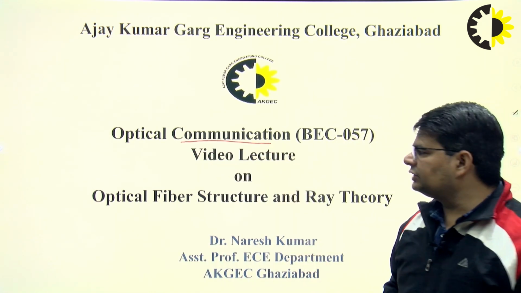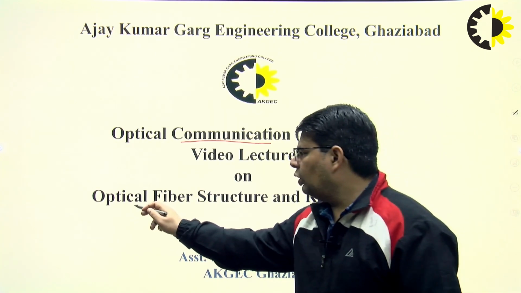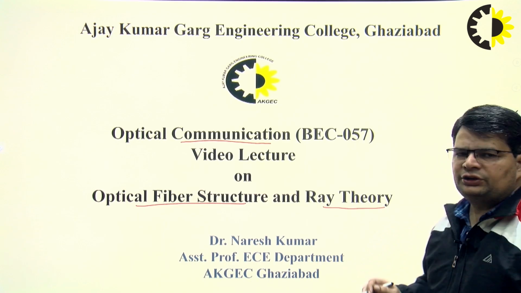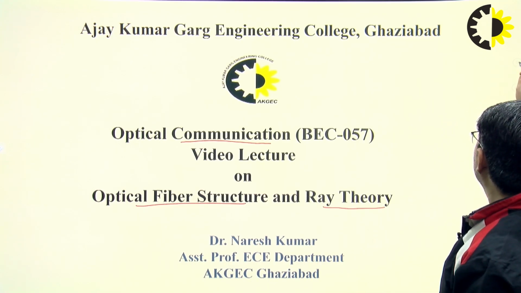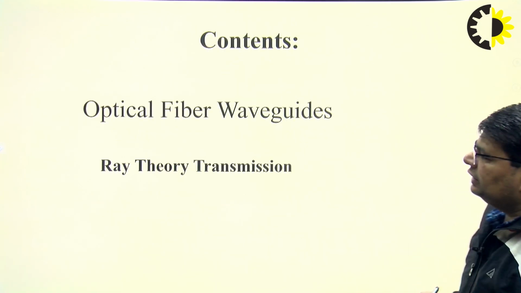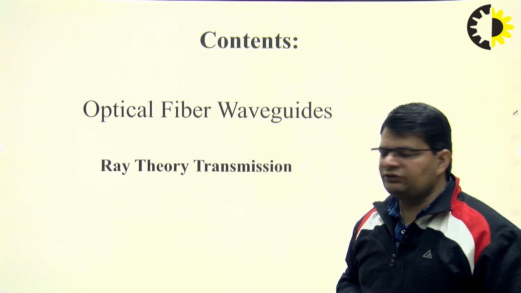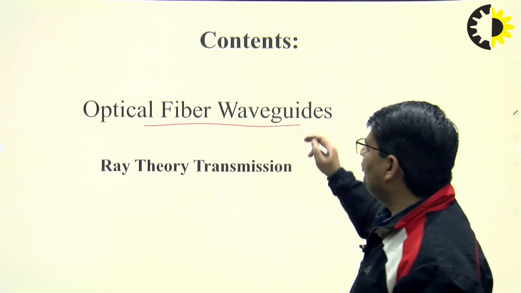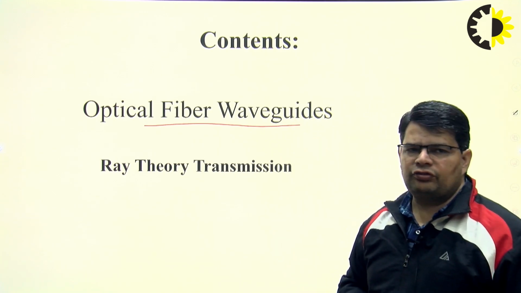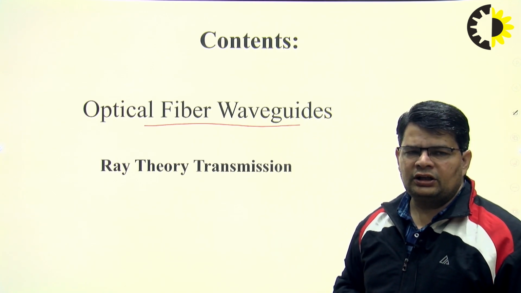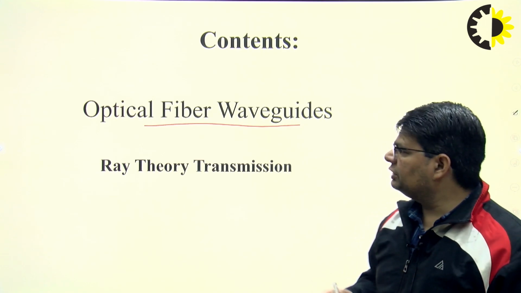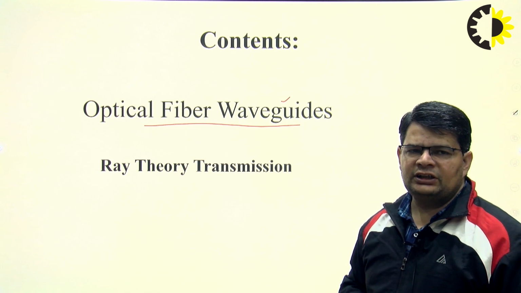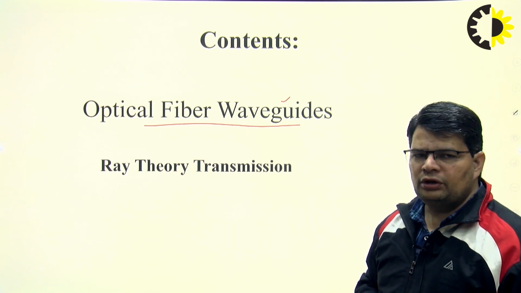In this new video lecture, we will discuss the topic optical fiber structure along with the concept of ray theory. As discussed, the main contents for this lecture will be optical fiber as a waveguide, or what is the structure of optical fiber, what are the various layers present in the case of optical fiber, and why we are considering this as a waveguide or equivalent to waveguide.